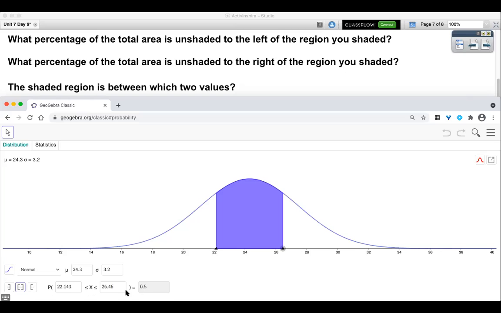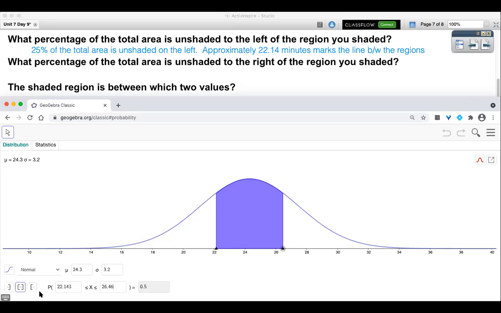And if I'm looking at the total area that's unshaded on the left, this number right here is actually going to give me that answer. That's the 25% of the total area that's unshaded on the left. That's the actual number of minutes. So we can also write down that approximately 22.14 minutes marks the line between the regions.